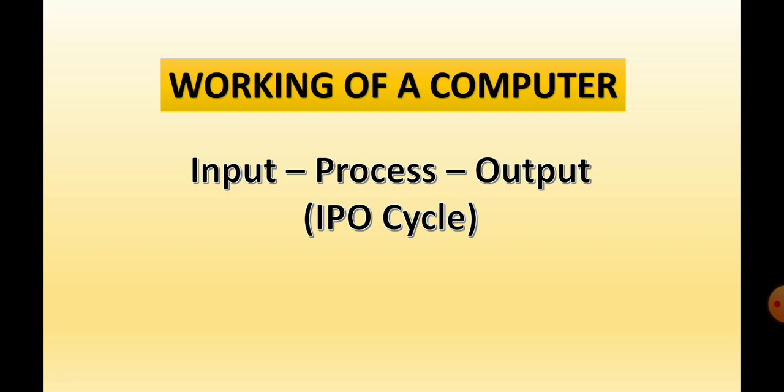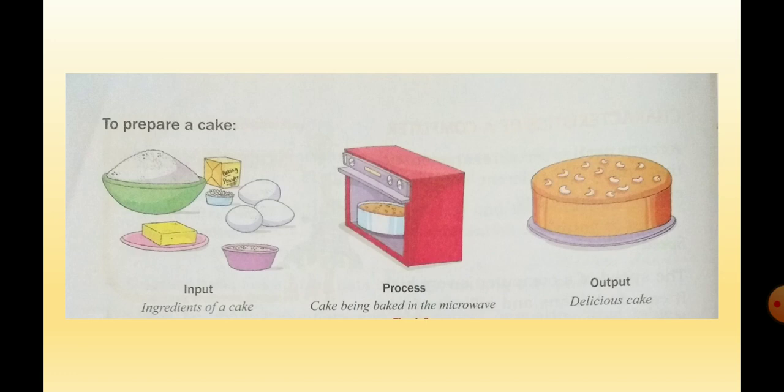I stands for input, P stands for process, and O stands for output. So the computer works on this principle, the input, process, output cycle. So let's understand this now.